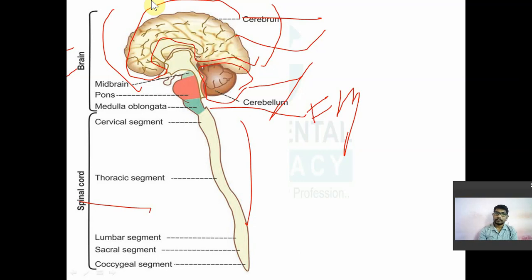That will be carried to the brain, and brain will process that signal, and it will decide the plan of action. So decision of plan of action is done in the brain, and the reaction is done by the various organs. It will decide the plan, and it will transmit a signal to your particular organ.